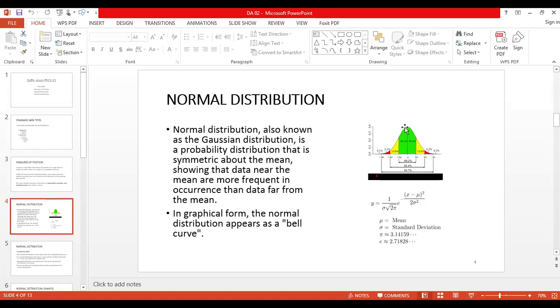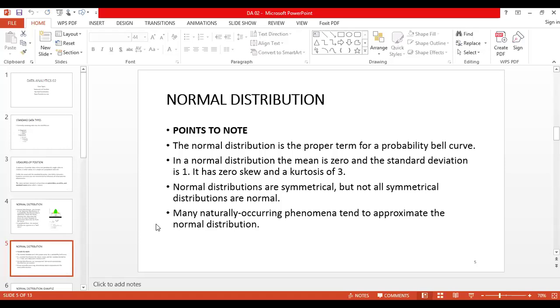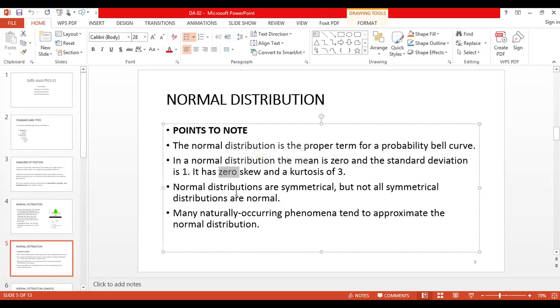You see it bent either to the left or to the right. Because we say it's symmetrical, the fact that it's symmetrical shows that it is not skewed. In other words, skewness is 0. Then kurtosis is 3.